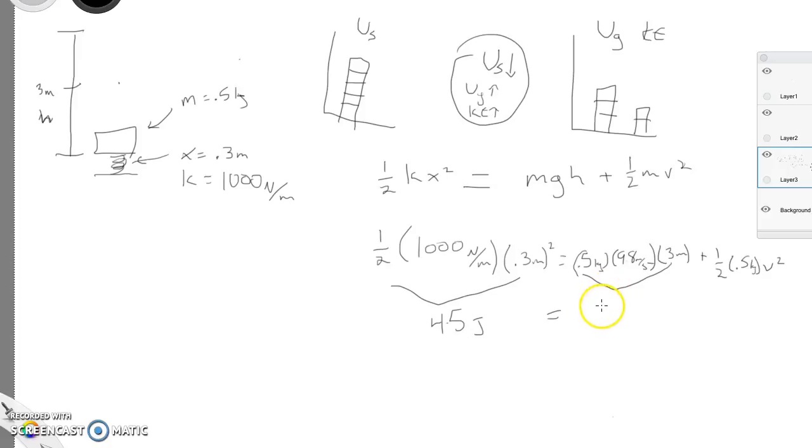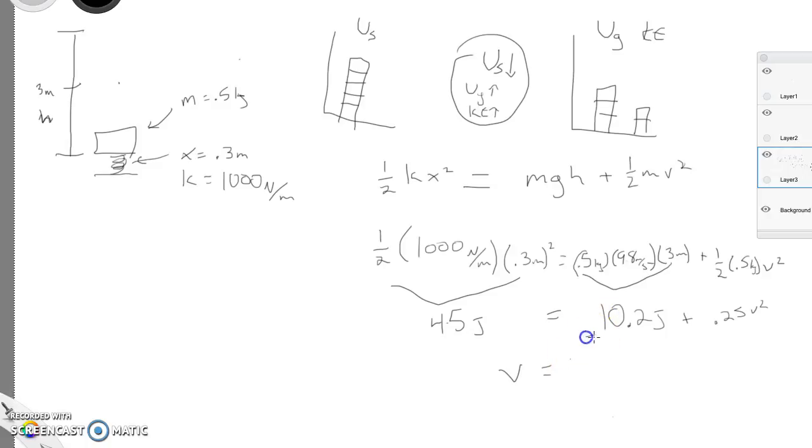You should have got about 10.2 joules of gravitational potential energy. And then finally, this would be 1/2 times 0.5, or 0.25, times v squared. Go ahead and solve now for the velocity of the box as it gets to the 3 meter height.